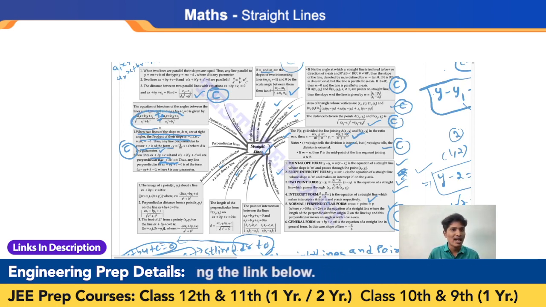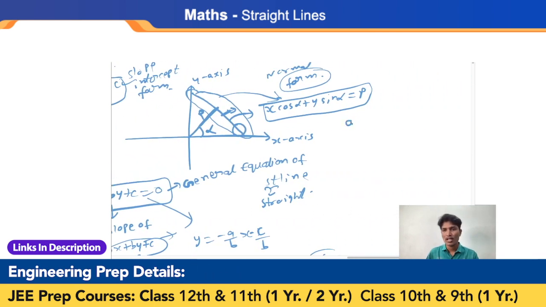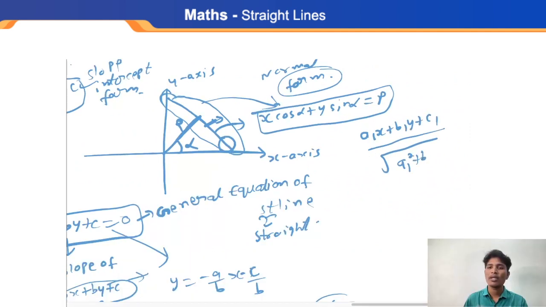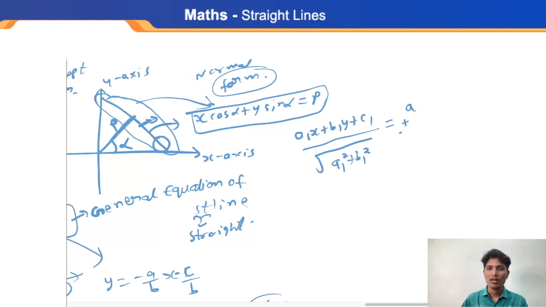I can write this on another slide. One second. The equation is a1x plus b1y plus c1 divided by root of a1 square plus b1 square is equal to plus or minus a2x plus b2y plus c2 divided by root of a2 square plus b2 square.